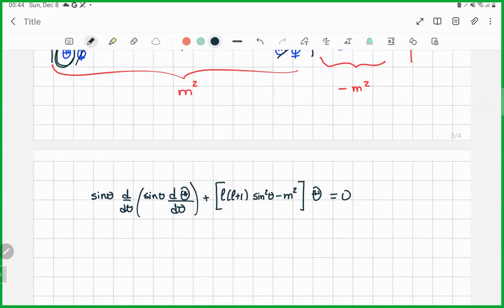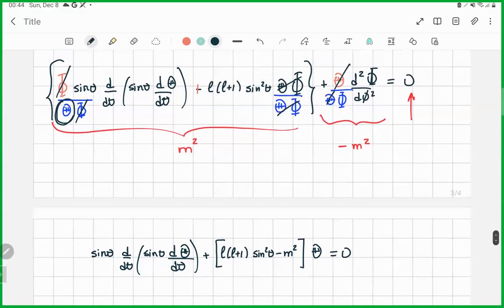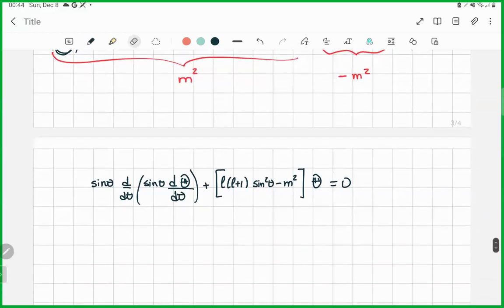And the other equation is the equation involving only phi, so we are going to write it here. So this is equal to minus m squared and the function. Okay, so these are the two last equations.